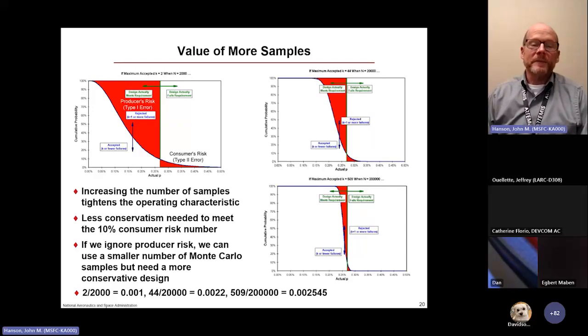And about 10% of those, the answer would be worse. So it means that I could actually not quite meet that requirement in 10% of the cases.